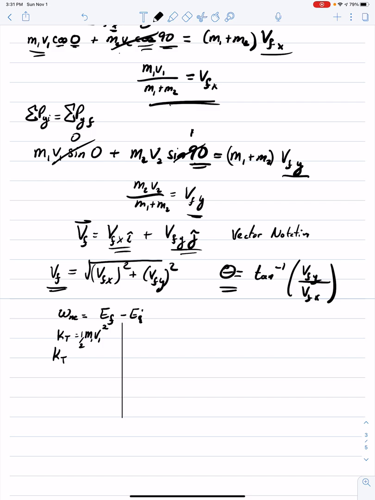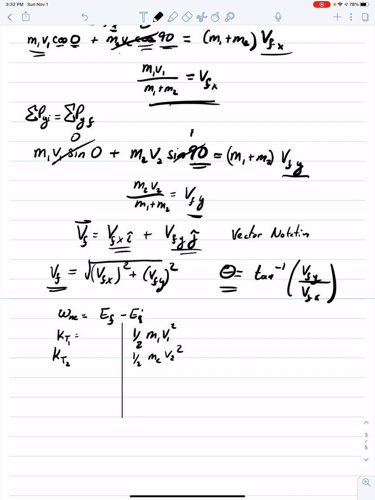Okay, me griping. And again, I completely missed it. We're talking about the initial. So initially, 1/2 mass 1, velocity 1 squared. We do not care about the direction. And then for the other object, 1/2 mass 2, velocity 2 squared.